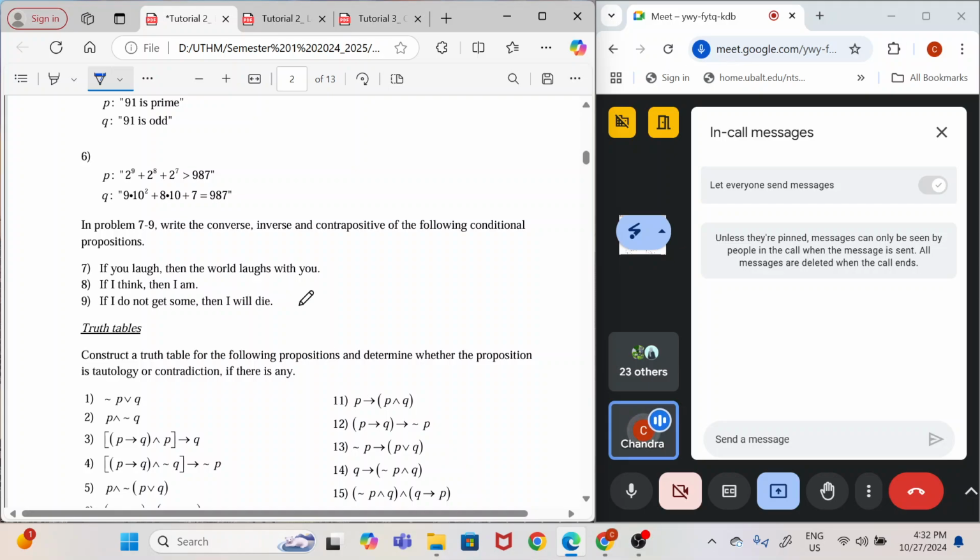In problem 7 and 9, write the converse, inverse and contrapositive. This one we have gone through in the class. See how to write converse.